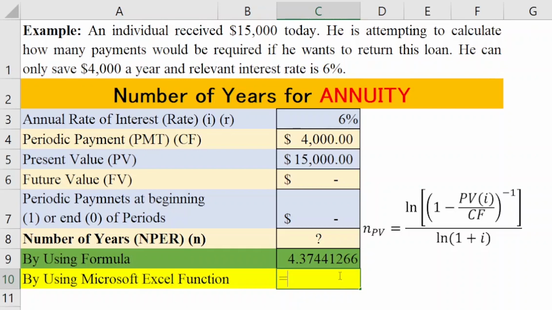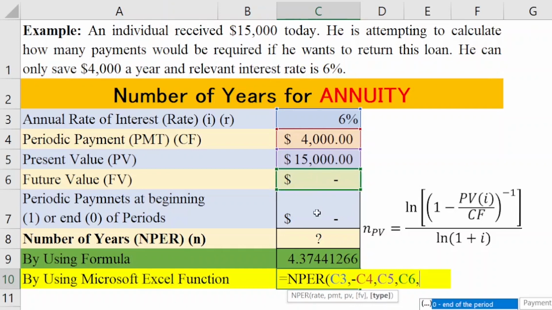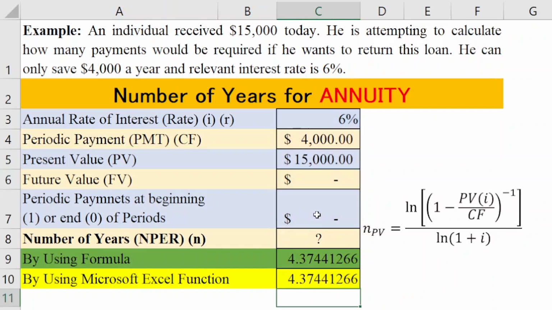Equal to NPER (rate is 6%, comma, minus 4,000, that is payments, comma, present value 15,000, comma, future value, that is 0, comma, the payments are made at the end of the year) and press enter. So we have the same answer, 4.37, that will be the time required to reach 15,000 if you can save 4,000 each year and the interest rate is 6%.